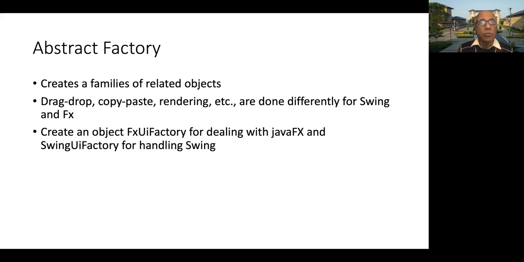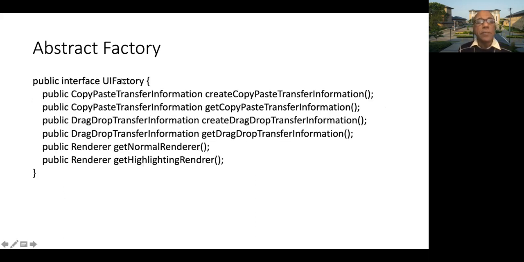Let's see a more concrete way of looking at this. Here is the UI Factory interface. So any object of type UI Factory has all these methods. When the controller gets a UI Factory object, it can call this method, create copy paste transfer information.